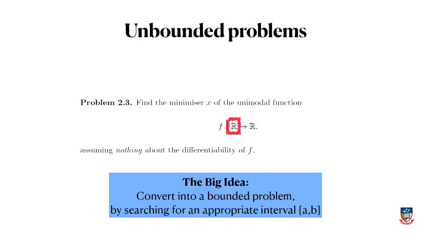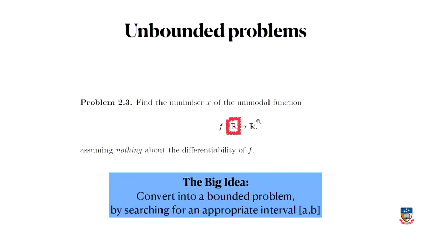So actually the big idea with this is to do something pretty simple. The big idea is to essentially take our unbounded problem, where we have no idea what a, b is, and turn it into a bounded problem. So if this is a unimodal function, so long as we can find some interval that goes over the minimizer, the minimum of that function, then we can use our bounded approaches.